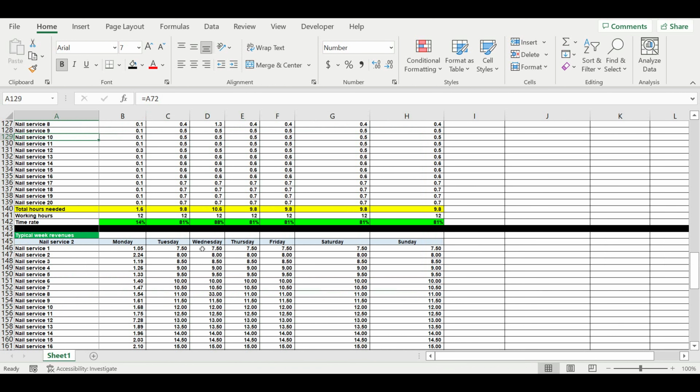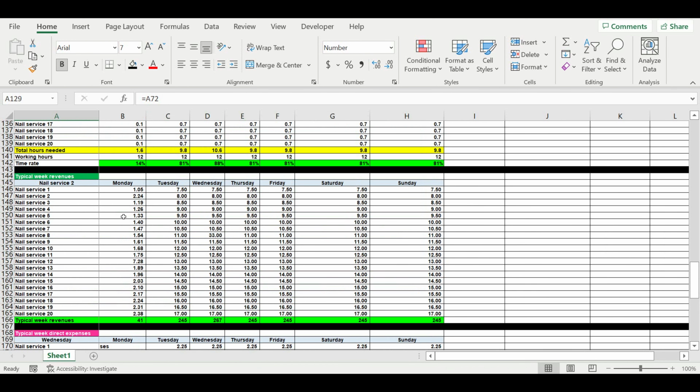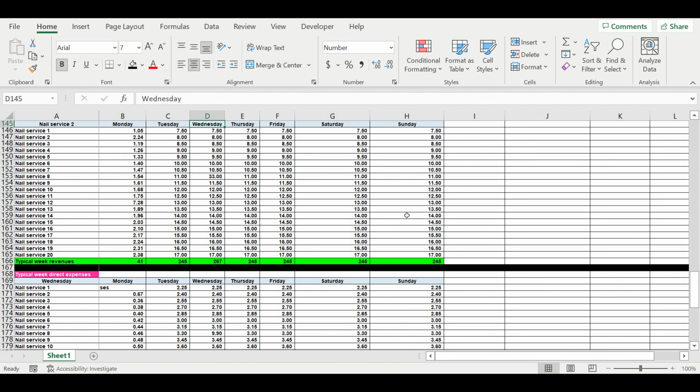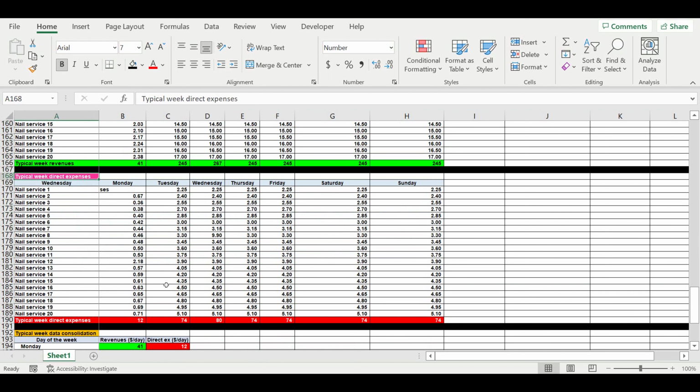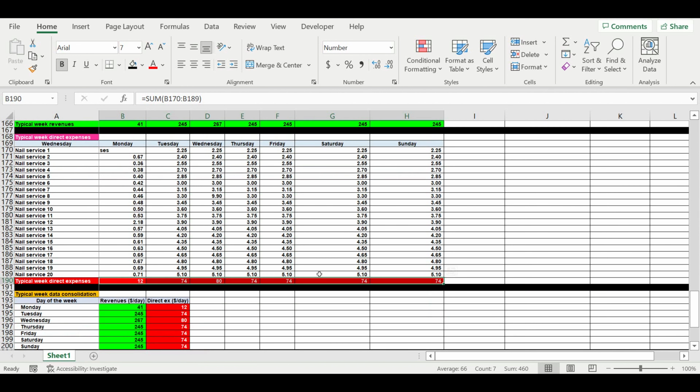Then we created the daily revenues for Monday, Tuesday, Wednesday, and other days of the week. Then we created direct expenses for each day of the week.